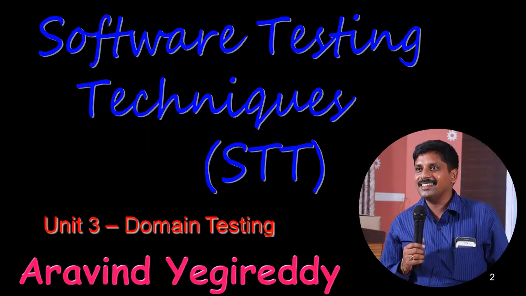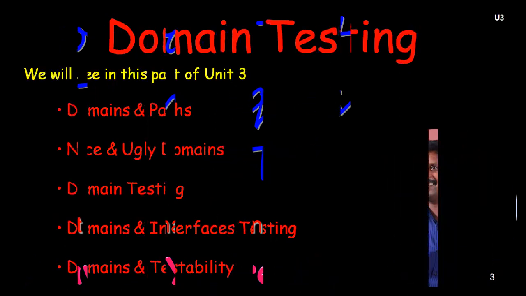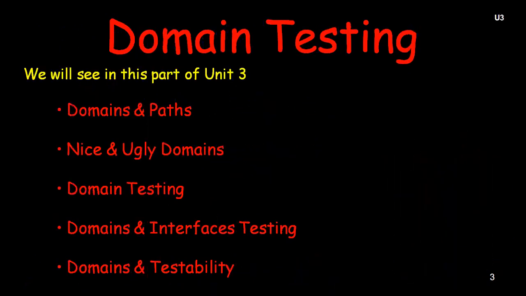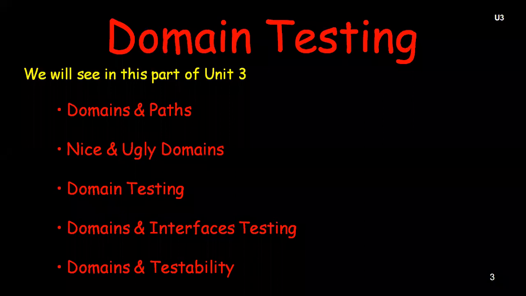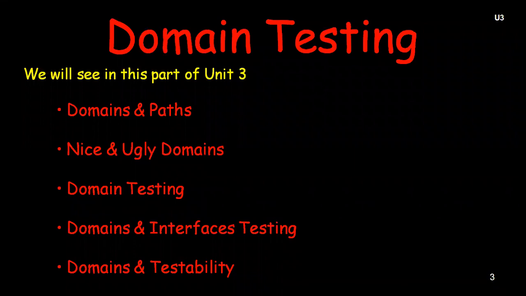So today, let us discuss an in-depth overview of domain testing and its implementation. In this unit 3, we will discuss domains and paths. We will try to understand the concepts of domain testing, its importance and limitations.